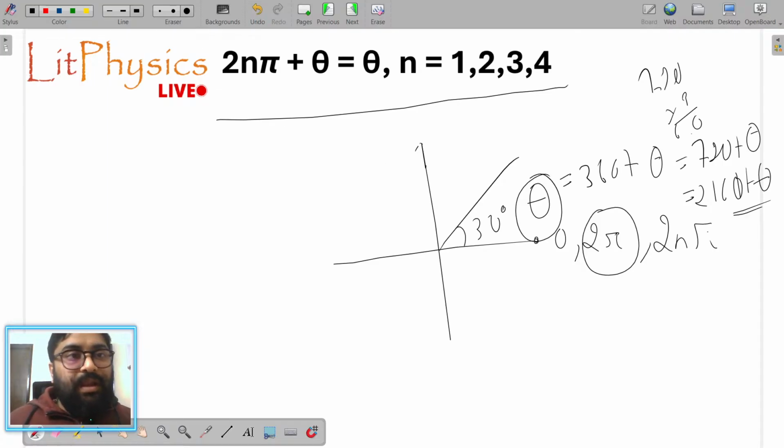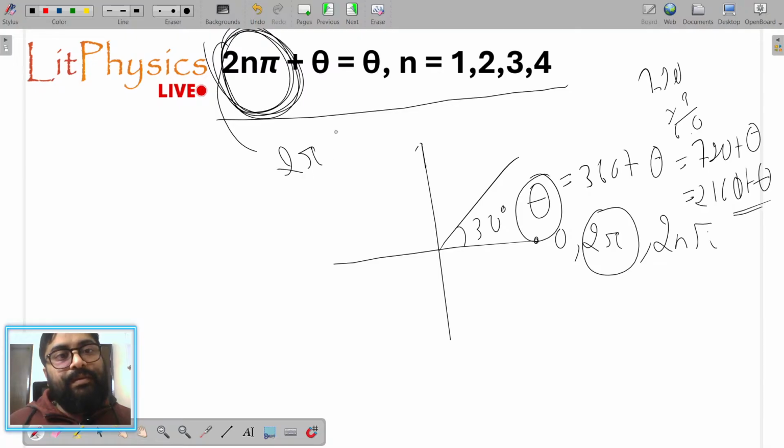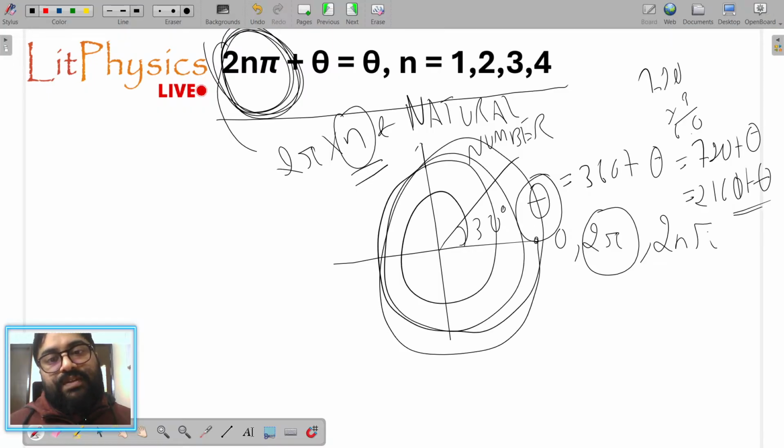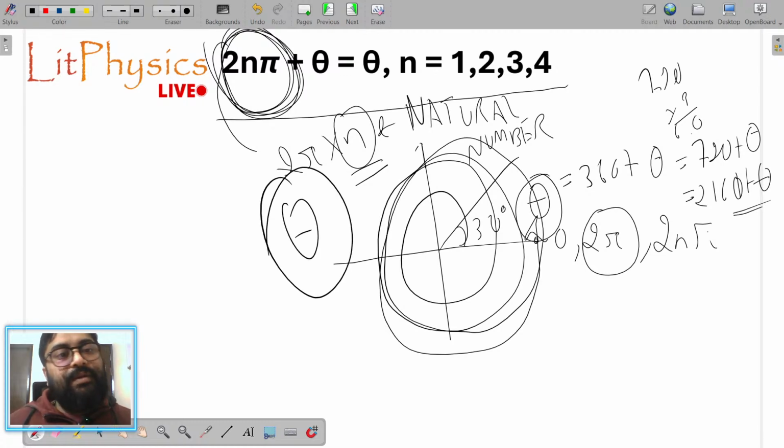So integral multiples of 2 pi, right? Let's stay with natural numbers. Natural numbers. Okay. No matter how many times we move around the circle, we will get theta.